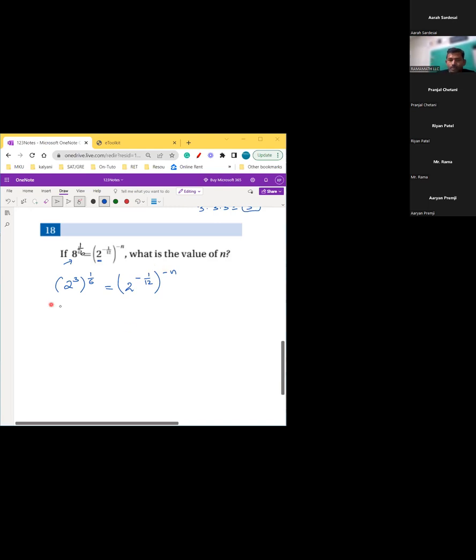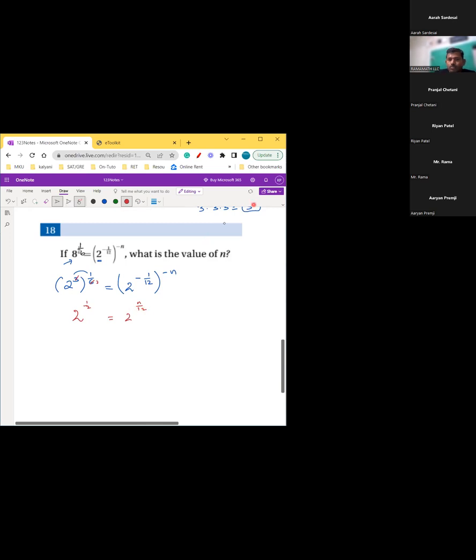That is one of the rules. Now I'll multiply these two: 3 divided by 6, which is half. Same way here, negative times negative is positive, over 12.